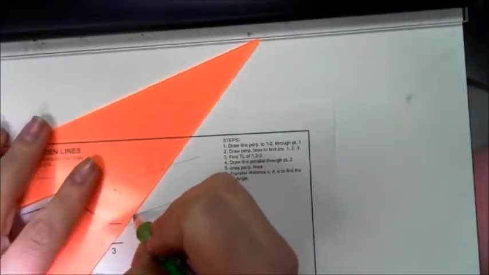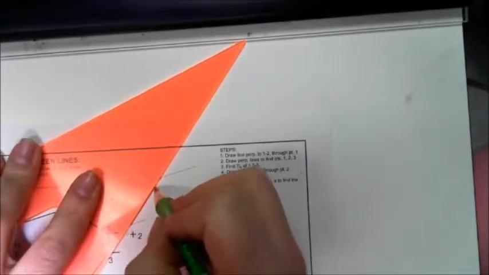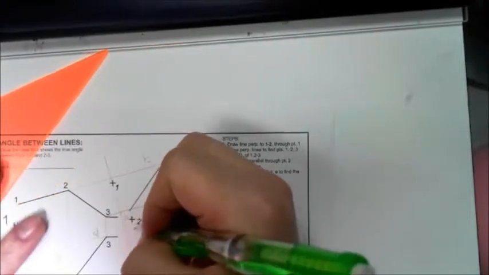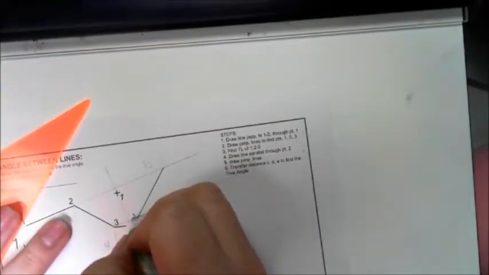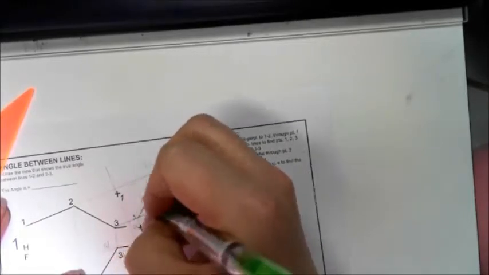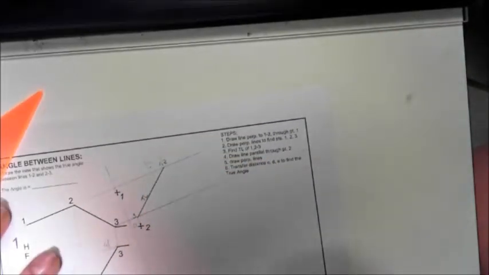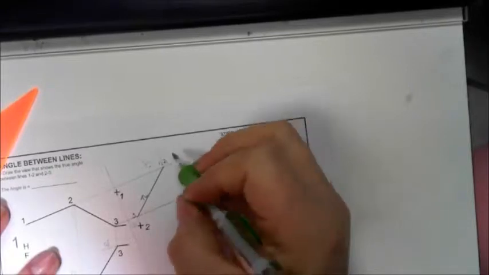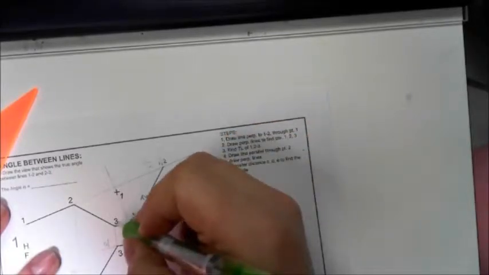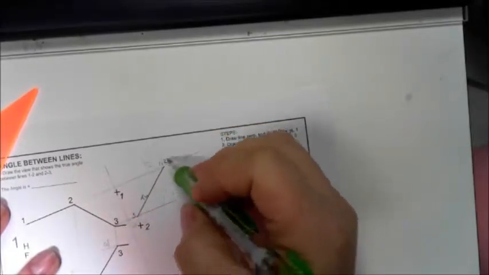So this time we're finding true length, but then we have to find the triangle, the true length. I know that sounds a little weird, but that's what we have to do. So this is now 3, and that's 1, 2, and this is the true length of it. Now I'm going to use this, and I'm going to draw my lines perpendicular off of it. And then I'll draw my parallel line 3.2.